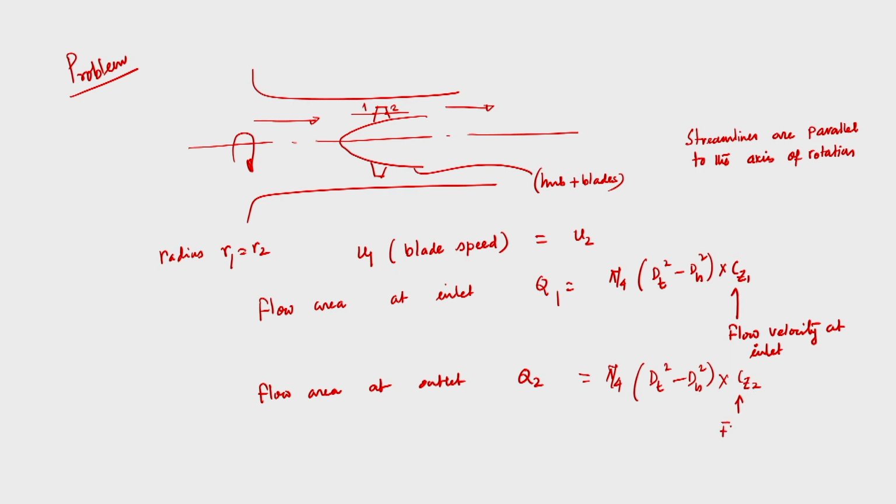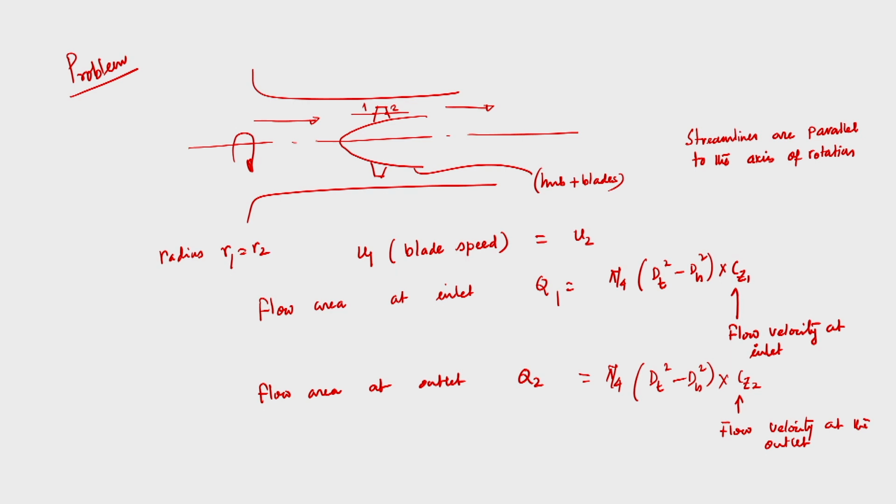This Cz2 is the flow velocity at the outlet of the blade.